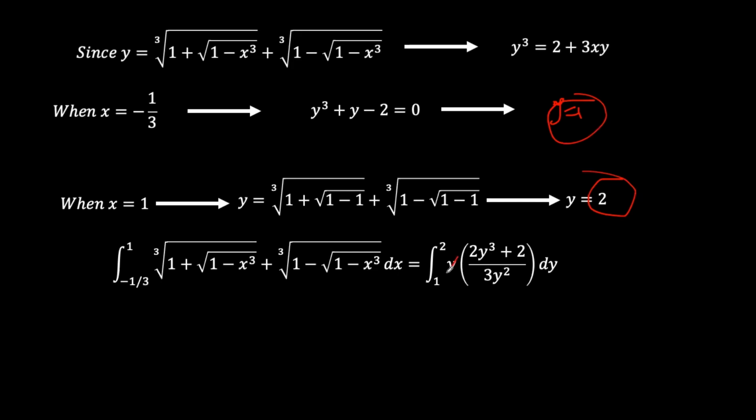And we see that this y cancels with that, and the 2/3 comes out, and so the integral from y equals 1 to 2 of y squared, because we pull out the 2's, and then 1 over y. So eventually what we have is 2/3 the integration from y equals 1 to 2 of y squared plus 1 over y.